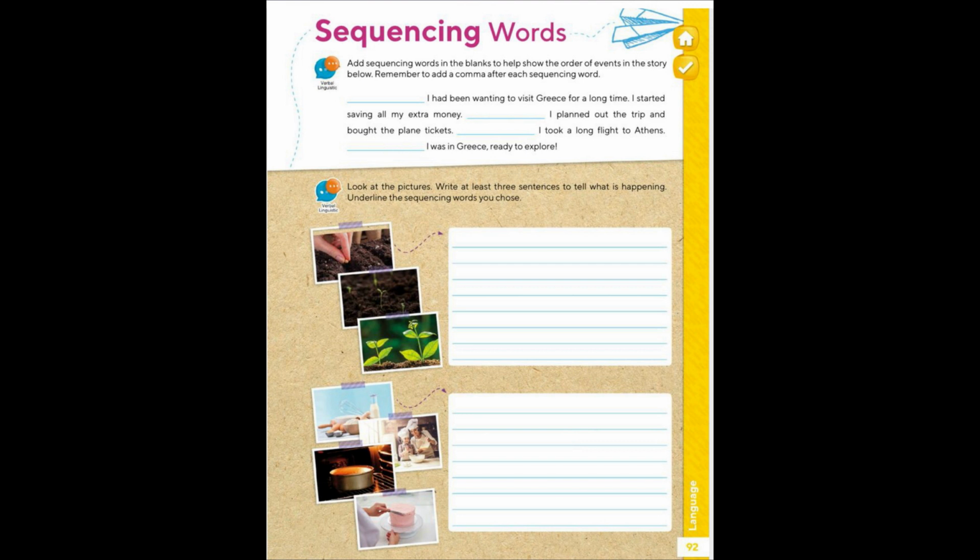Underline the sequencing words you choose. Class, at this point, I really need you to write complete sentences. I remind you, a complete sentence has a subject and a predicate. You can use all the things that you have learned in this class.